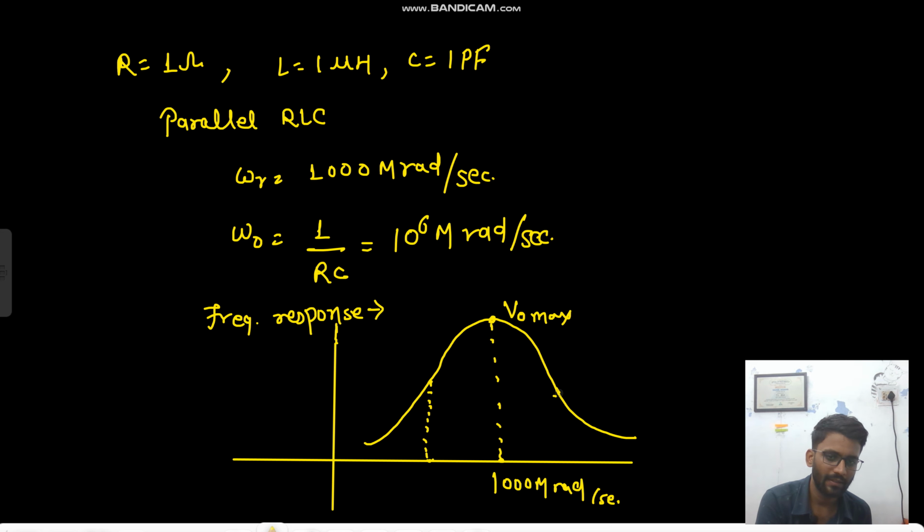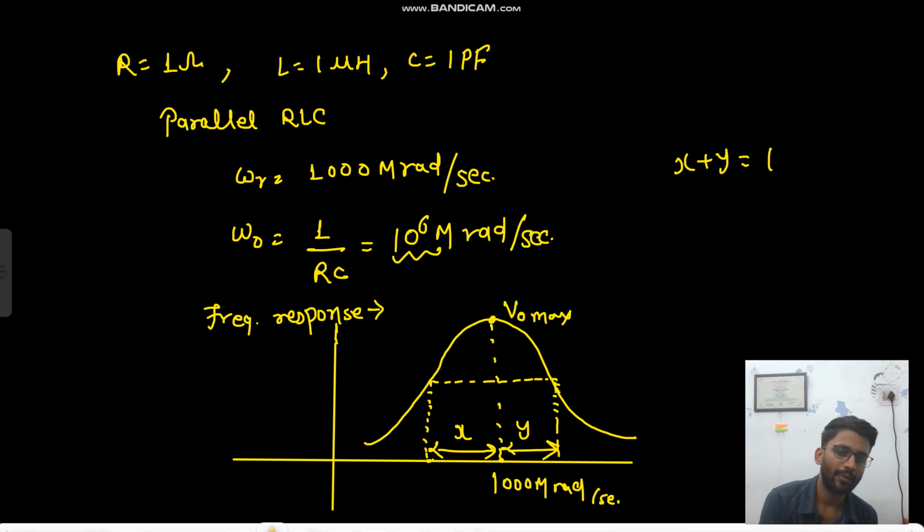This point and this point will give you the 3 dB bandwidth, right? So this area and this area would be same. So let us take this as x, this as y. So x plus y is your 10 to the power 6 mega radian per second, and your x is equals to y. So your x will be 10 to the power 6 by 2 mega radian per sec.